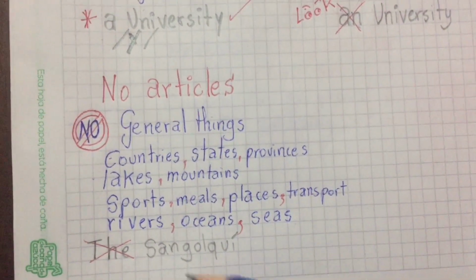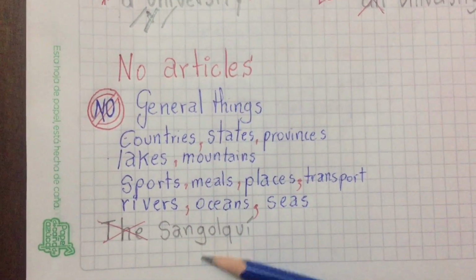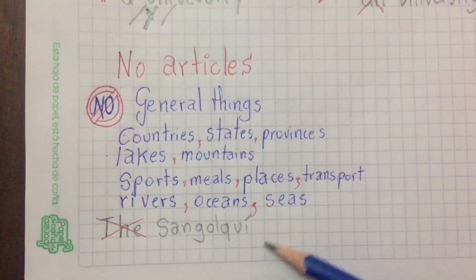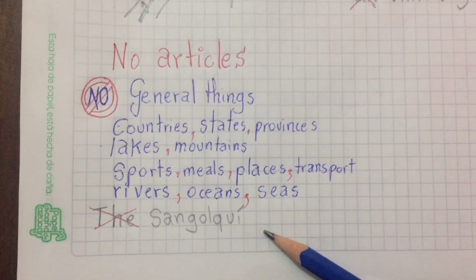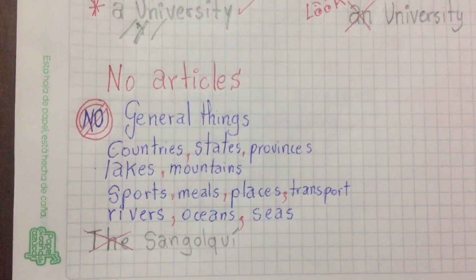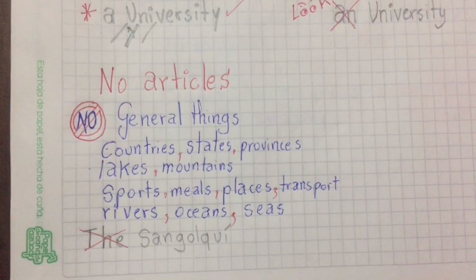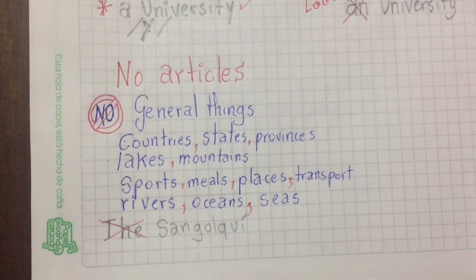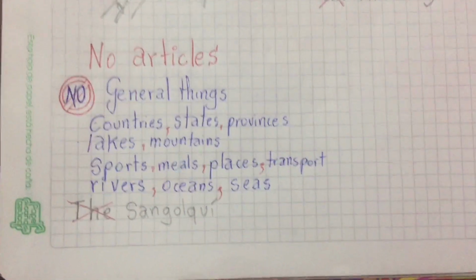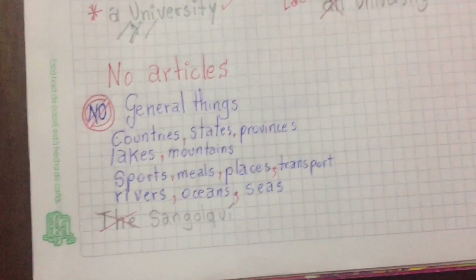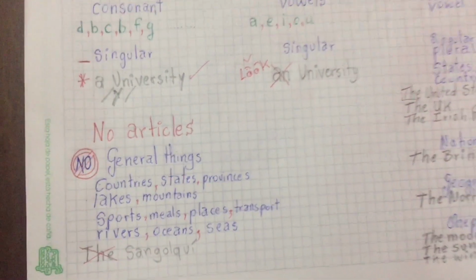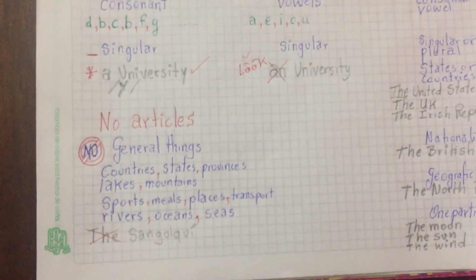Another example that is very common in Spanish: in Spanish we use articles all the time, but in English we never use them.